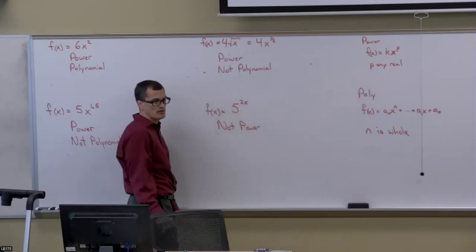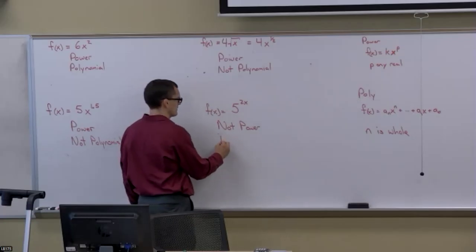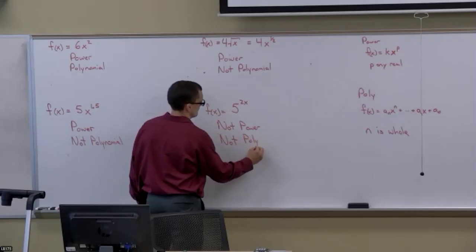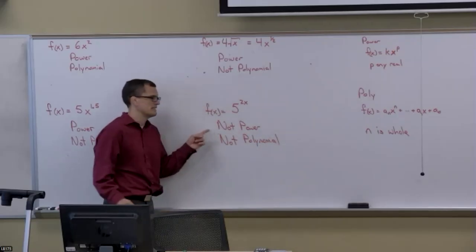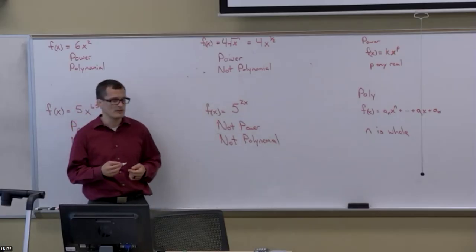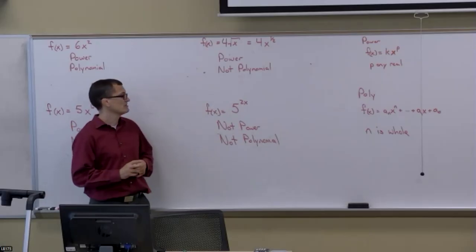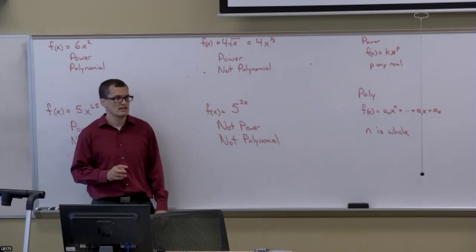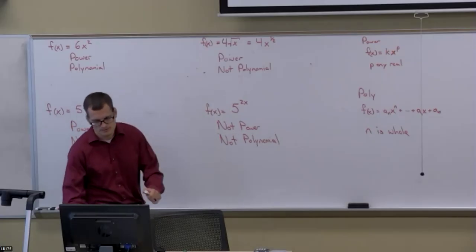That's not always going to be a whole number for every value of x. So not a polynomial either. So that one is neither a power function nor a polynomial. By the way, we'll see in the next chapter, this is an exponential function. So this is what we call an exponential function. It's neither a power function nor a polynomial.